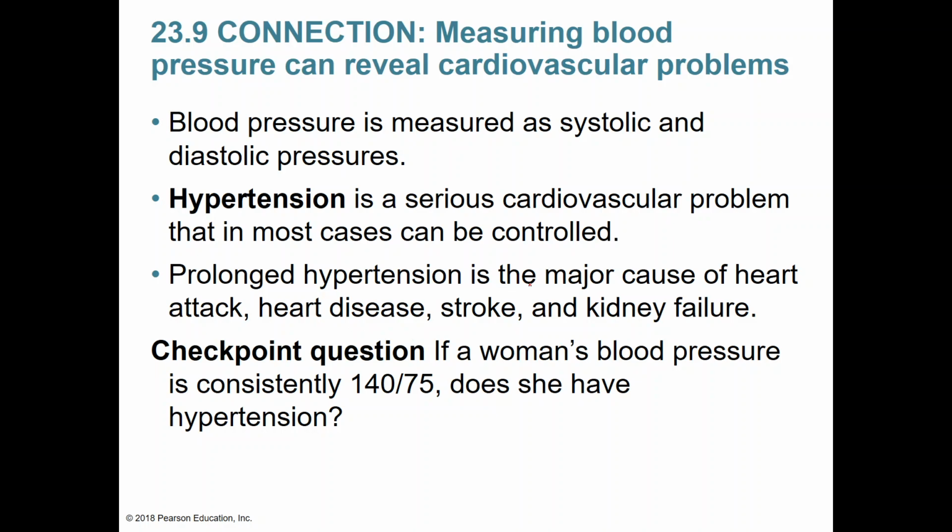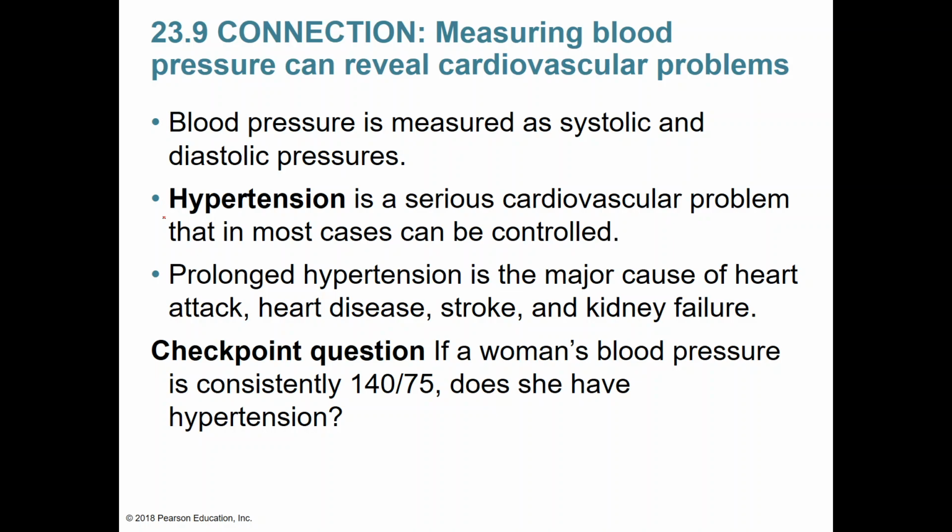So I mentioned blood pressure. Again, it's a measure of what the cardiac output of the heart is, and it's measured by those systolic and diastolic pressures. I'm going to walk through an image in a second on how that's actually measured. The reason we measure this is it's an indication of whether or not you have a disease called hypertension.